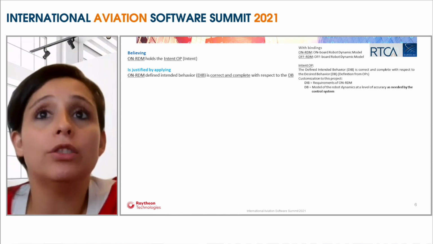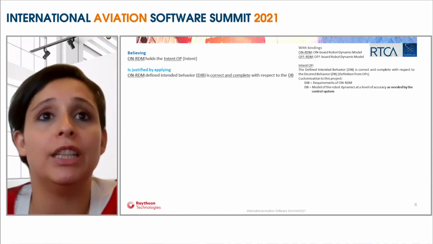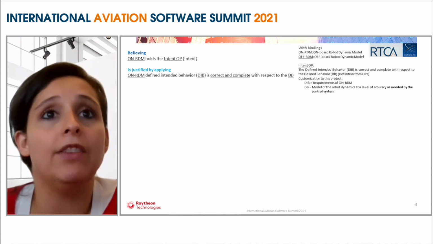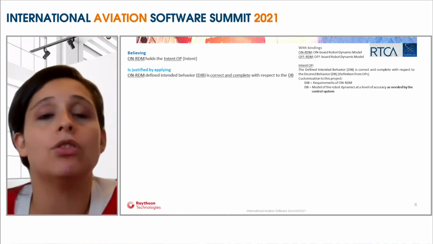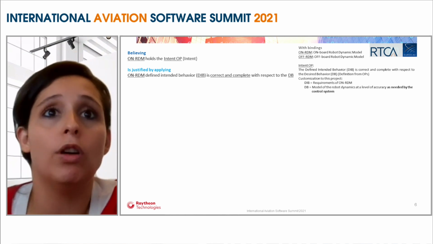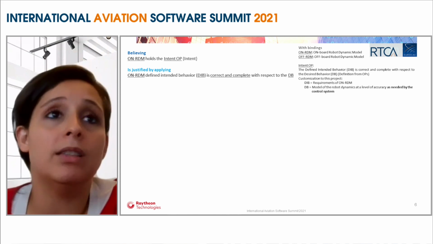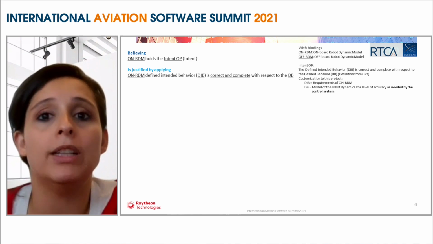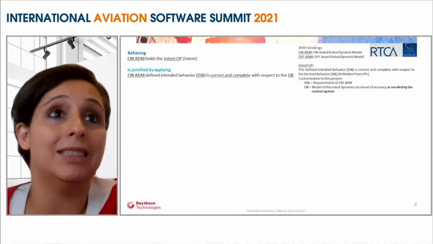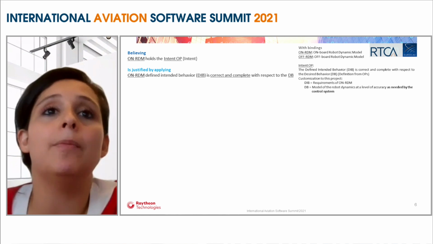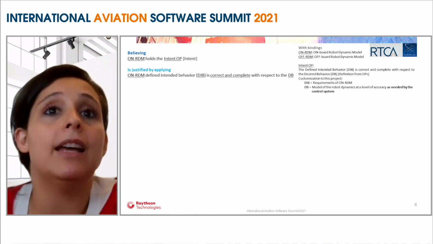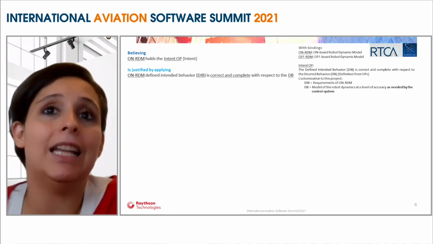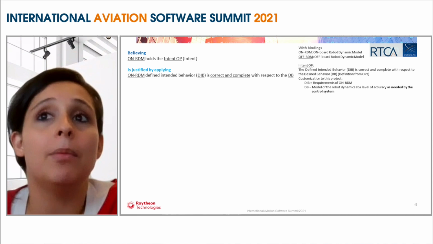However, we customize that definition, as you see here on the right, in which we define what the defined and intended behavior is. For this specific application, there are the requirements of the onboard model, the desired behavior, what the stakeholders want. Since we're talking about a software component, the stakeholders will be the system group. They define as a desired behavior that the onboard model has to model the robot's dynamics at the level of accuracy needed by the control.